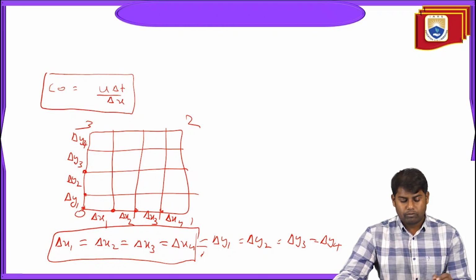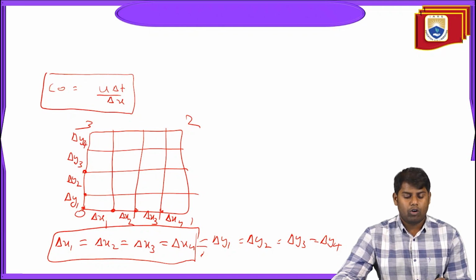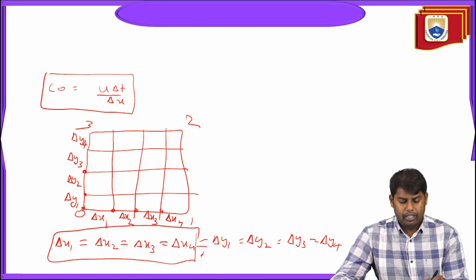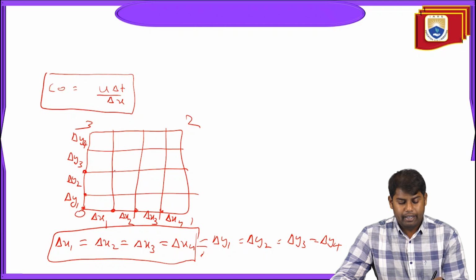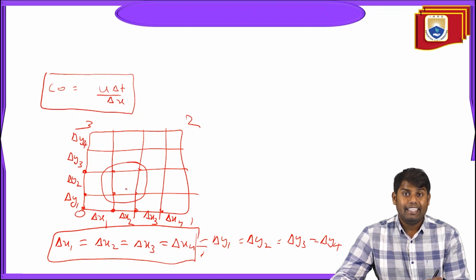Now let us see the impact of the Courant number in this. If you see the structure of the mesh, we call these grid points, and four grid points construct a cell, which is a sub control volume or a subdomain of the overall domain.